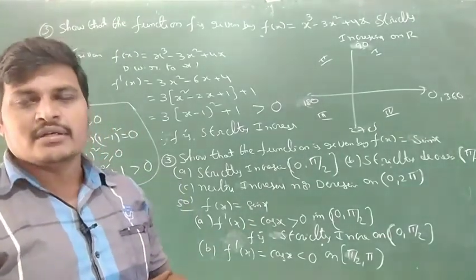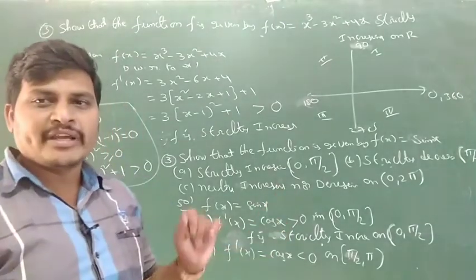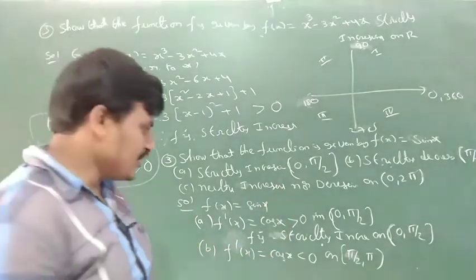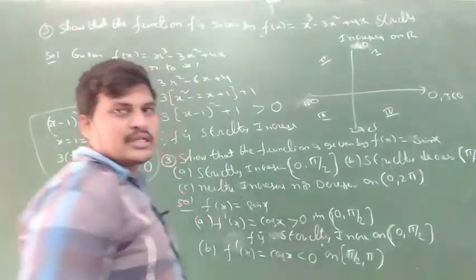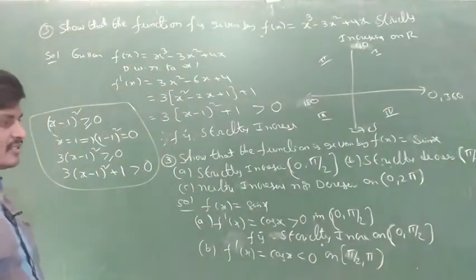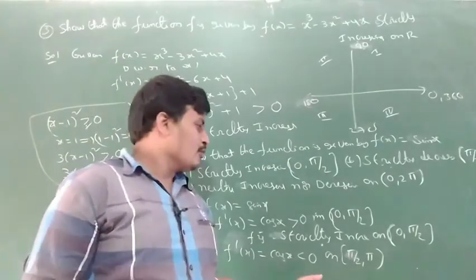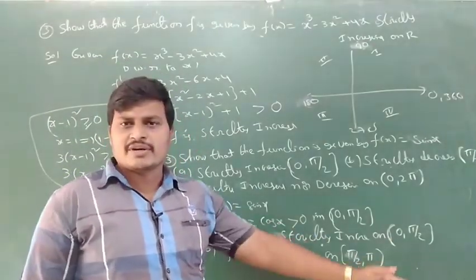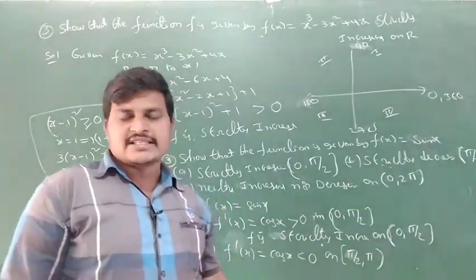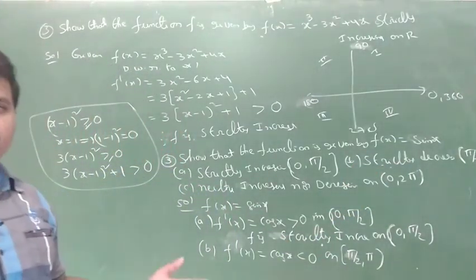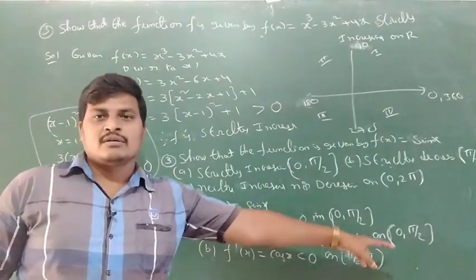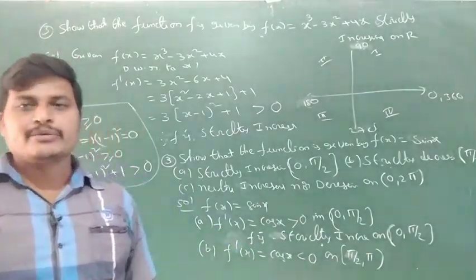Sine and cosecant. The remaining are negative, so cos is negative, meaning less than 0. Because in the first quadrant all are positive, and in the second quadrant cos is negative, so less than 0. So f is strictly decreasing on pi by 2 to pi.